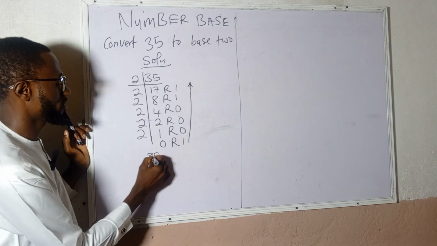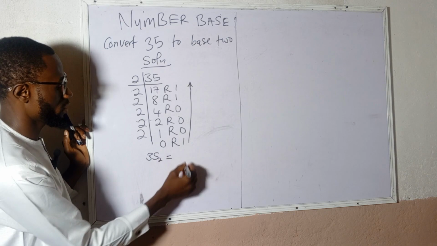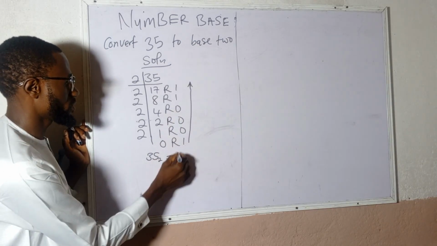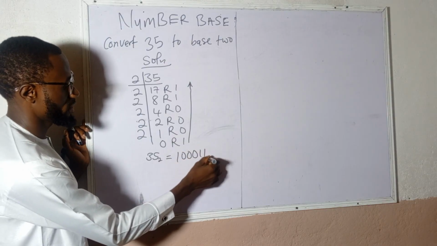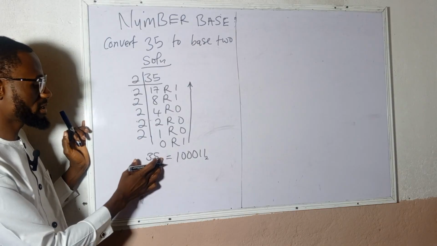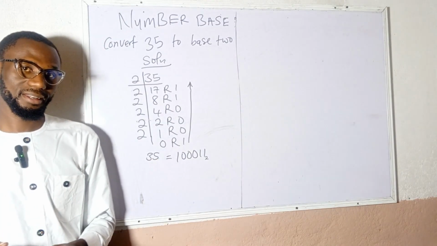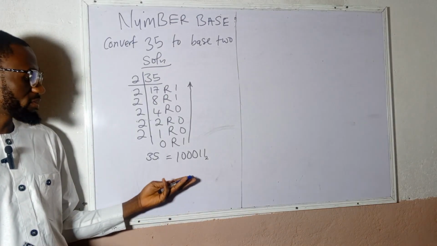Therefore, 35 in base 2 is equal to 100011 in base 2. Once you convert 35, you get it in binary like this. Okay, that is the final answer.